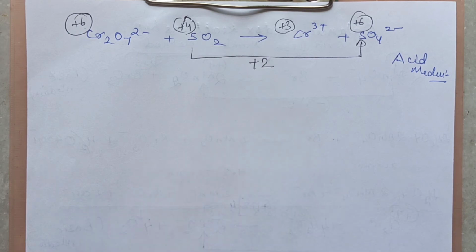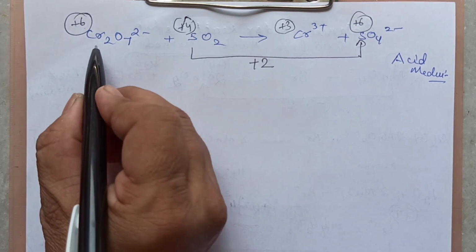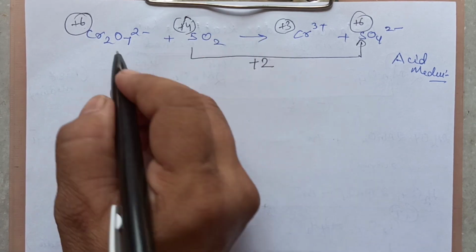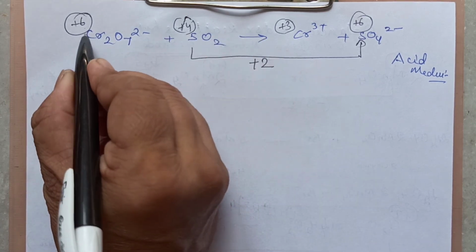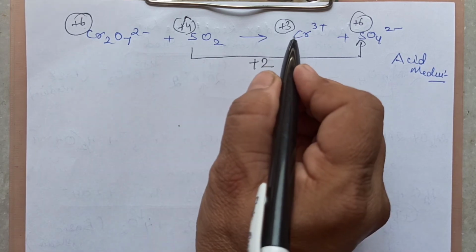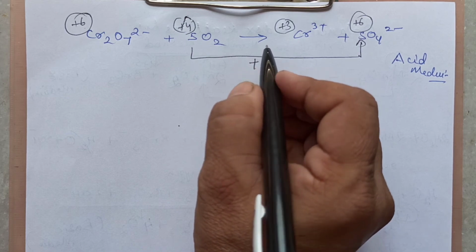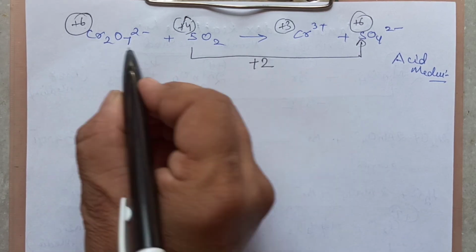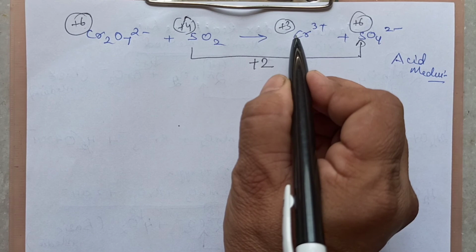The next one, I am writing it below so that there is no space problem on the top. From 6 it has become 3. That means it has decreased by 3. Instead of writing that 2, you can do one more thing. This is 2 chromium. For 1 chromium from 6 it has become 3.